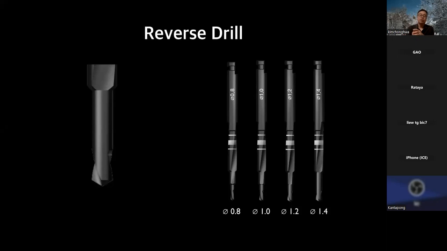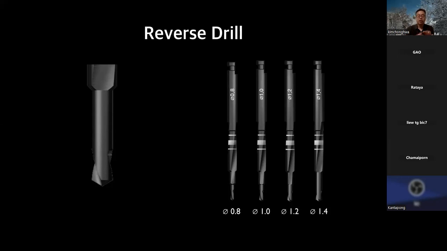Okay, let me talk to you about the reverse drill and screw remover. This is for when the claw drill does not work. So here's what we can do. This drill is to make a little notch or dent on top of the broken screw. So you have to use high RPM for this drill.